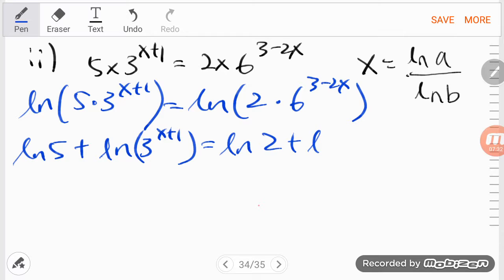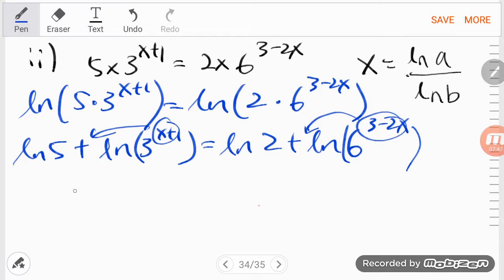Alright, and what I can do with the power is bring it to the front. So that would be x plus 1 times ln 3 is equal to ln 2 plus 3 minus 2x times ln 6.